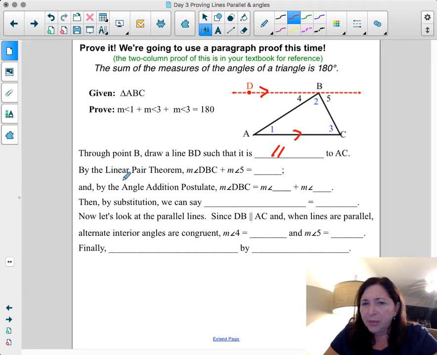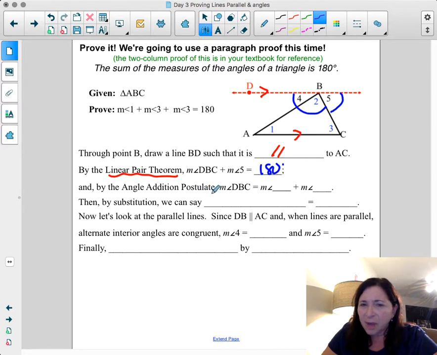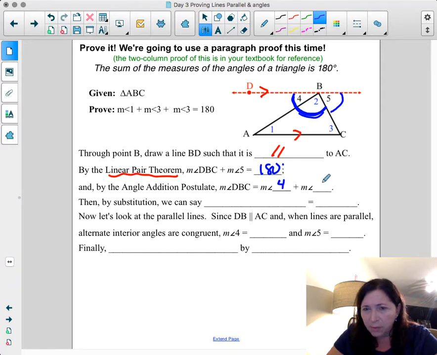By the linear pair theorem, which basically means you have two angles that form a line, we have DBC, this big angle right here, plus angle 5, which is right here, that adds up to be 180 degrees. By the angle addition postulate, you also know that DBC, just this angle right here, is equal to angle 4 plus angle 2.